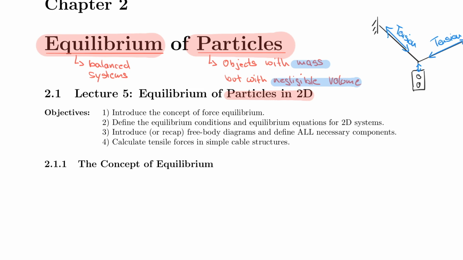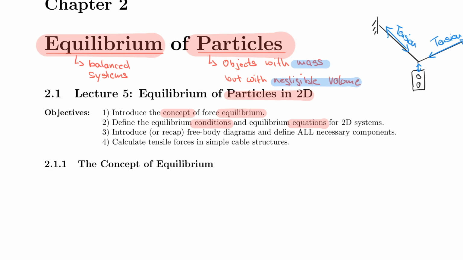So first, I want to introduce to you the general concept of equilibrium and where it's coming from. So that then later on, very shortly after that, I can define the equilibrium conditions and the equations. And it is very important that you understand the difference between the two, which is one goal of today's lecture, to clarify that to you.